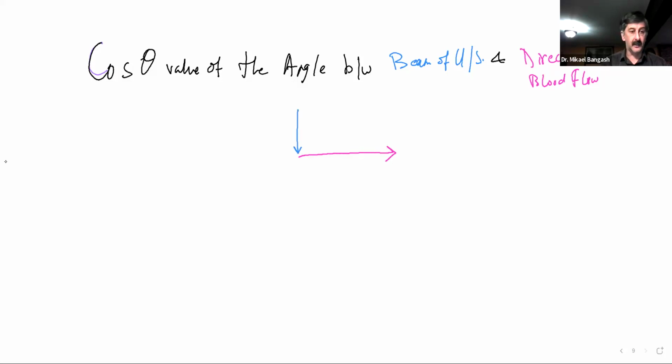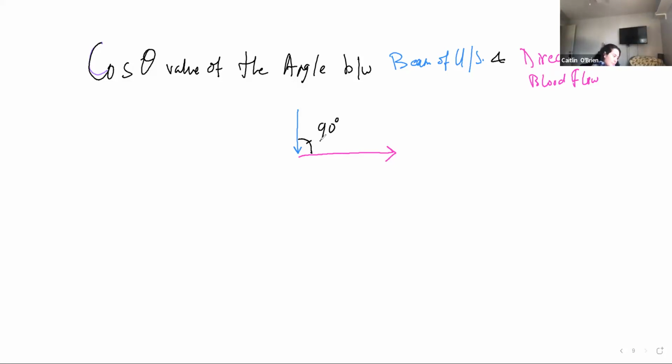Now what we see here is that there is going to be an angle between these two. The angle that we have here is 90 degrees. Did that make sense? Yep. Good.